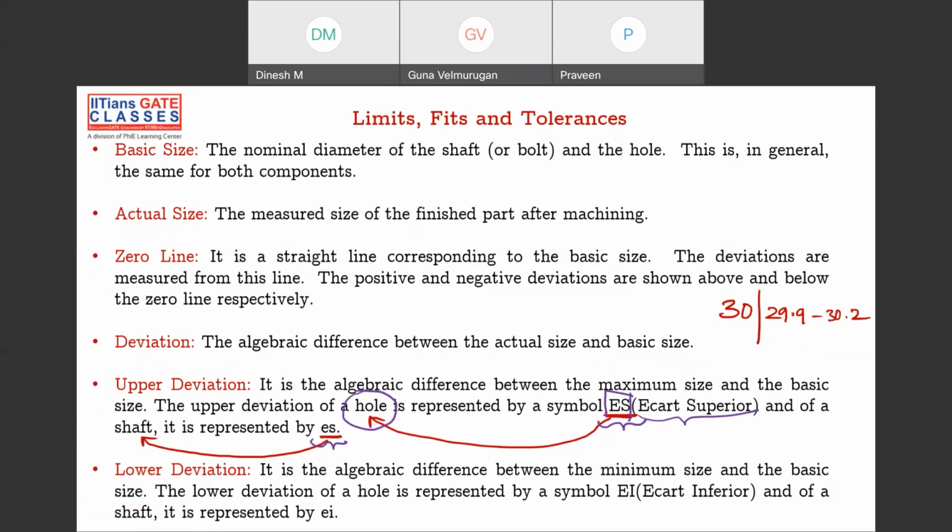If something is written in capital as ES, S for superior, then it corresponds to the hole. If written in small case, then it corresponds to the shaft. And the same way, EI is inferior, in the sense lower value, lower bound, lower deviation. Capital corresponds to the hole, and small corresponds to the shaft.